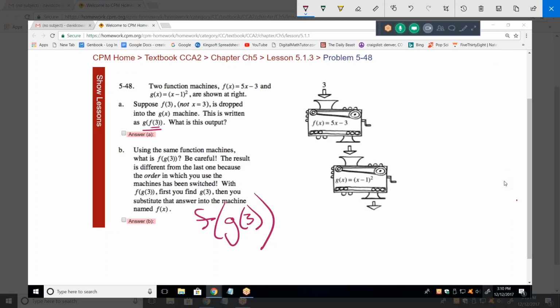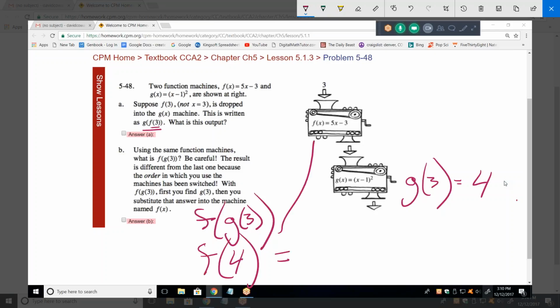Start from the inside, work your way out. What is g of 3 equal to? So 3 minus 1 is 2, and then 2 squared, which is 4. So the problem really is, what is f of 4?